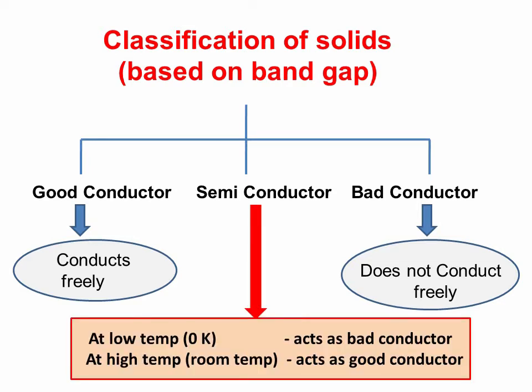That means, at low temperature, say absolute temperature 0 Kelvin, it acts as a bad conductor. At high temperature, say room temperature, it acts as a good conductor. The examples of semiconductors are germanium and silicon.